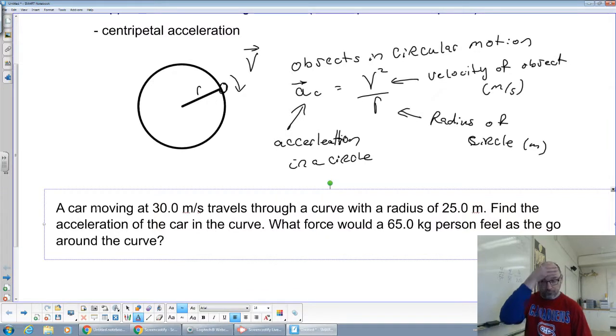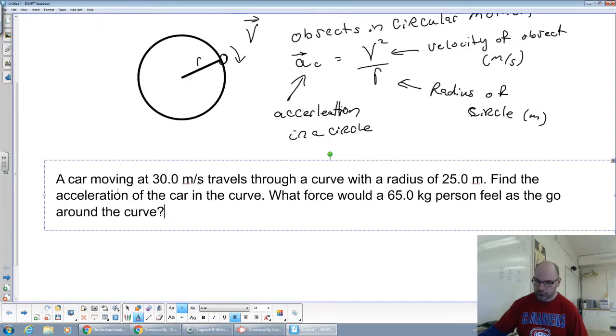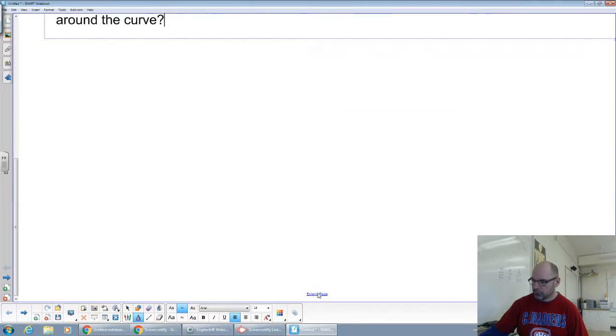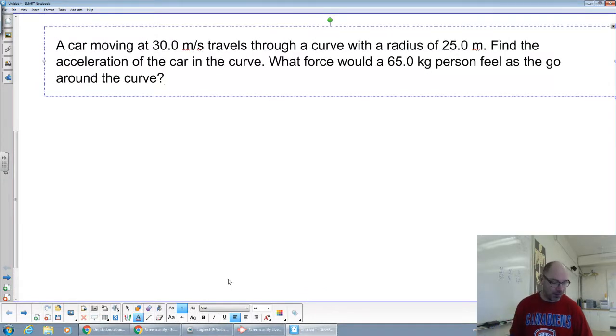If we look at this question, we can apply the acceleration part of it. First, let's find the acceleration in the curve.